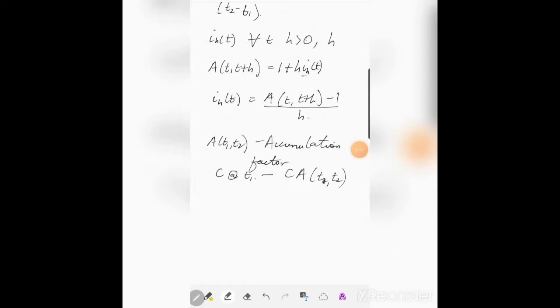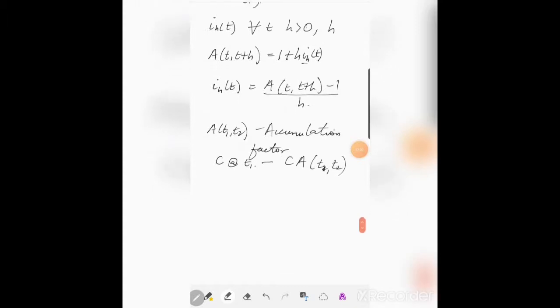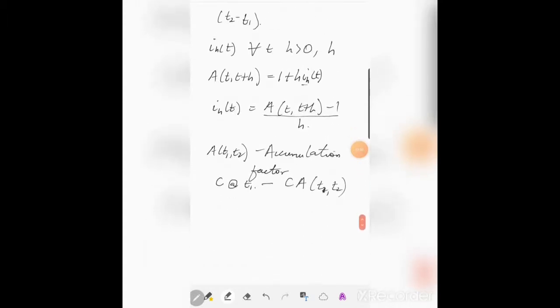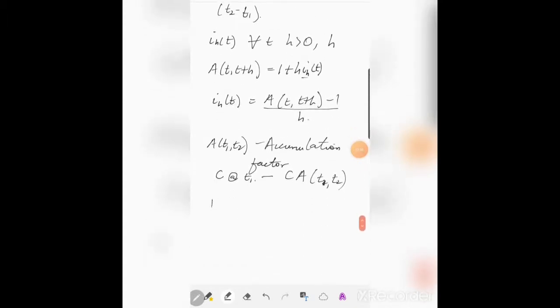So if we talk about the principle of consistency, in relation to this accumulation, what do we have?